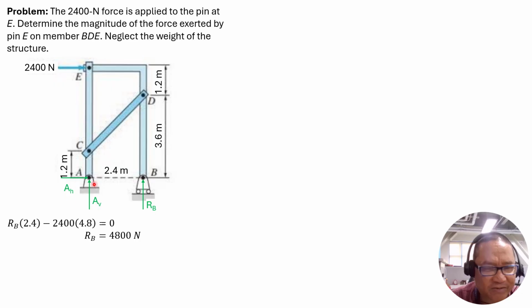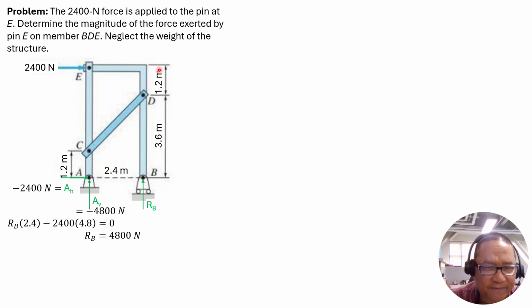Summation forces horizontal equals 0, so AH is negative 2,400 Newton, so it should be leftward supposedly. That's why it's negative. And summation forces Y, because RB is 4,800 upward, AV is downward, so it's also negative 4,800 newtons as shown. But as I said, I solved this in the shortest way possible. These reaction components at A are not required.